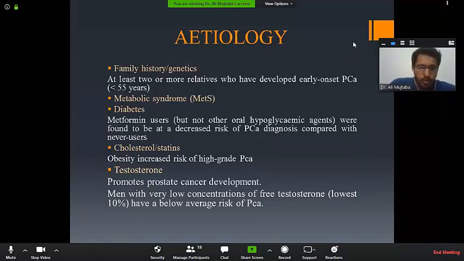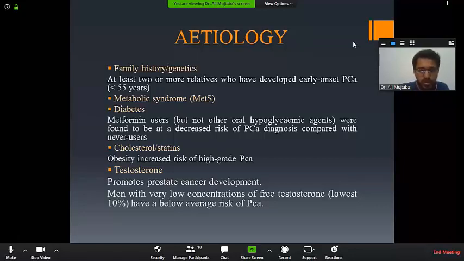Metabolic syndrome like diabetes: it is observed uncontrolled diabetes also increases the risk of prostate cancer. Patients on antidiabetic treatment were found to be at higher risk of prostate cancer diagnosis as compared with never users.